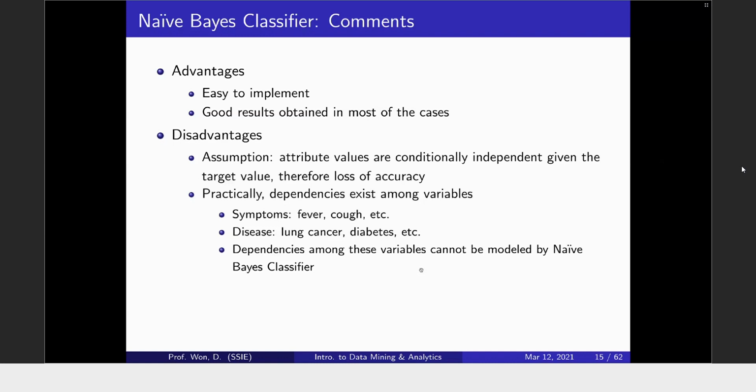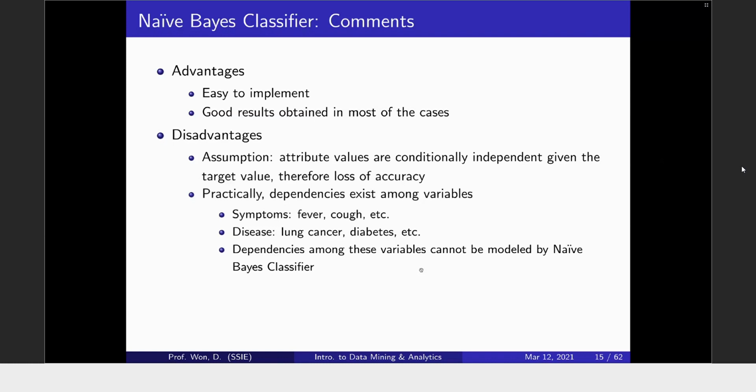So there is some advantage, but we have a very serious disadvantage again, which is independence. The attributes should be independent. Other than that, we cannot apply the Bayes theorem to calculate the posterior probability. So we have a very strong assumption. In practice, there exists some dependency.